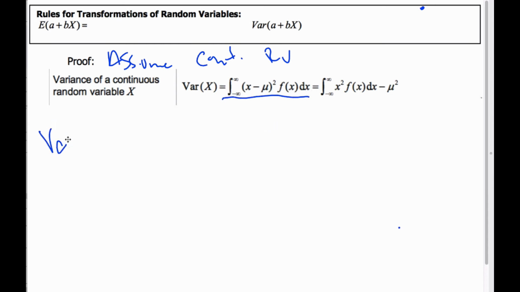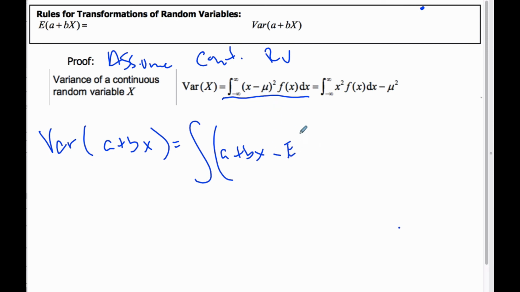So the variance of a plus bx is equal to the integral from negative infinity to infinity of a plus bx, because this is my value, minus mu, which is the expectation of a plus bx, squared, times f of x dx.